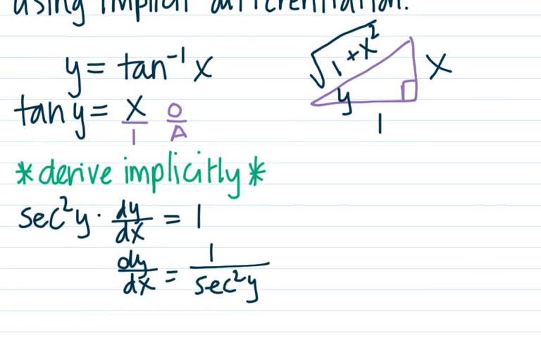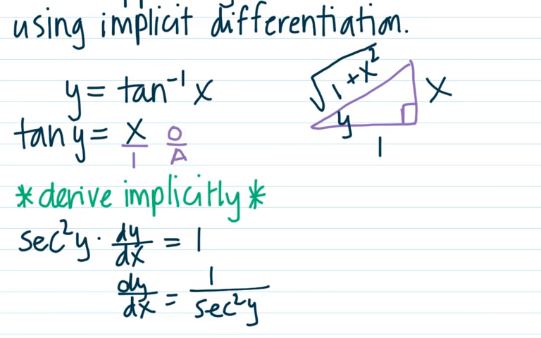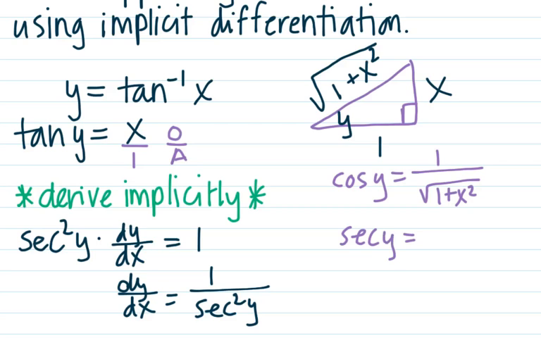Now looking at our triangle over here, secant, I'm going to find cosine first and then just find the reciprocal, that's easier for me. So cosine is adjacent over hypotenuse. So that would be 1 over the square root of 1 plus x squared. And since we're now using secant, we're just going to flip that, since they are reciprocal functions.